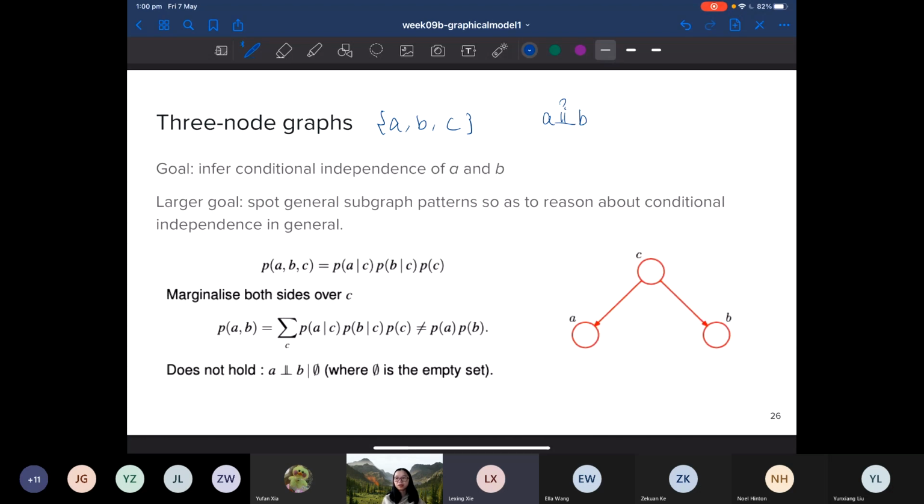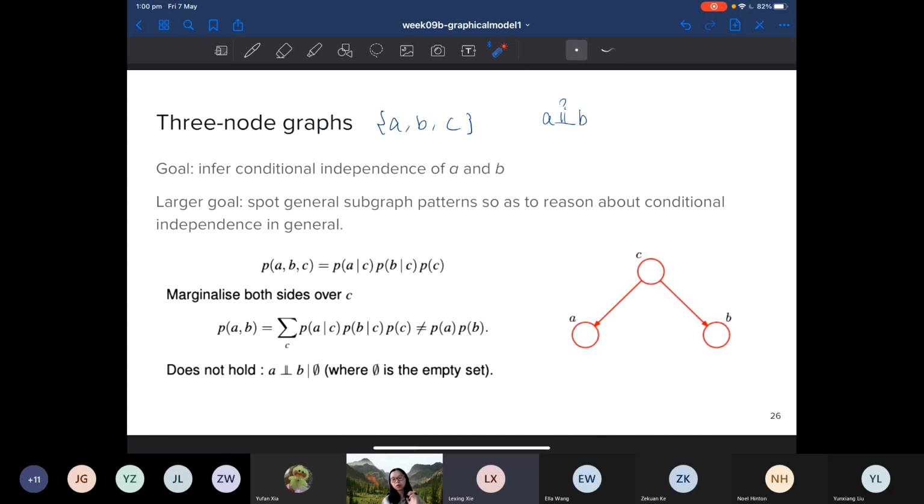And the larger goal is to extrapolate from these simple three-node patterns, spot general graph patterns that we can use to reason about conditional independence in general. So here's the fully general fact. In this particular graph, based on how Bayes nets are constructed, we know that the joint decomposes into C, the lowest numbered node here, so P of C itself times A conditional C and B conditional C.